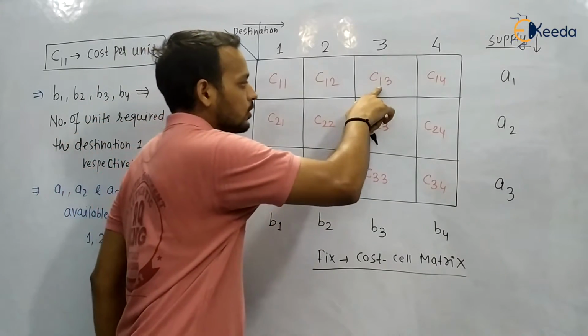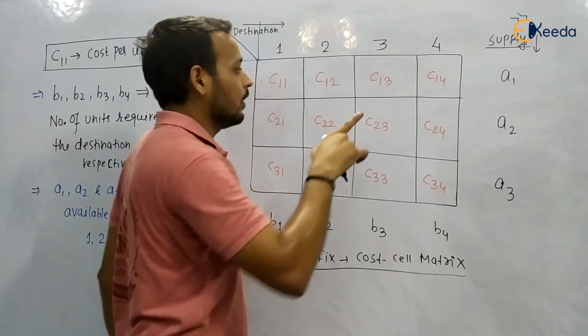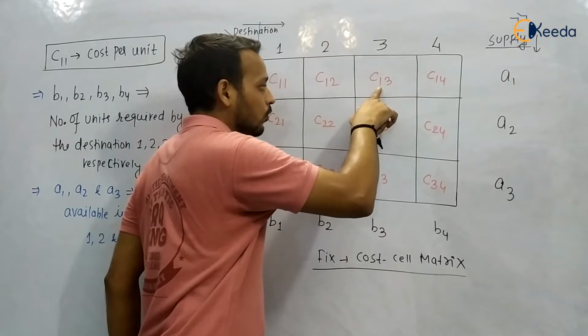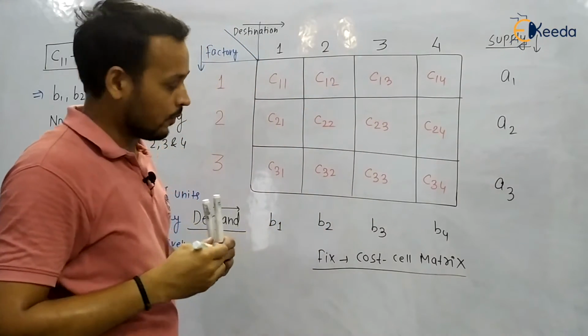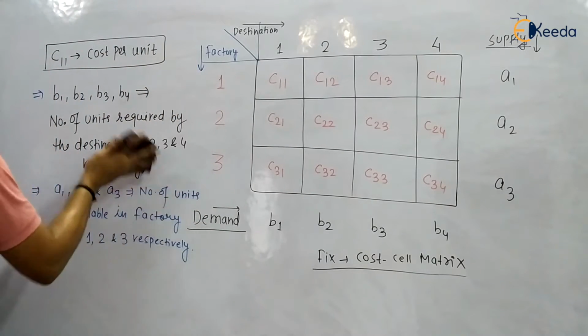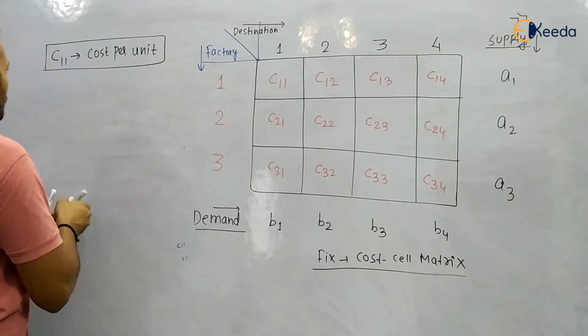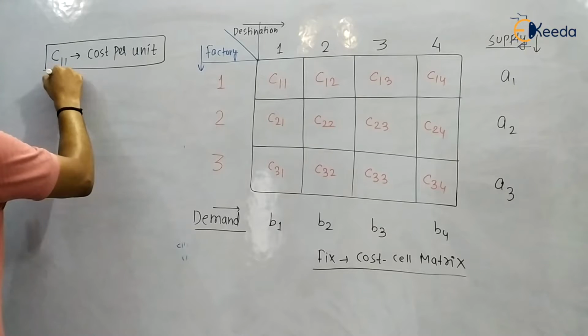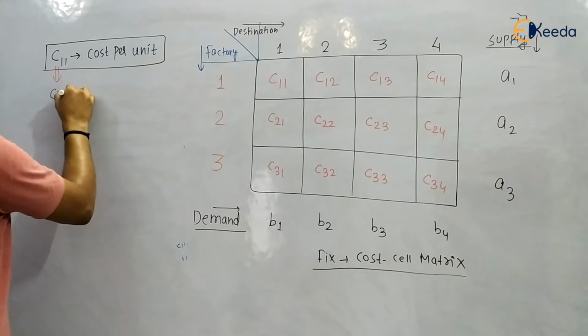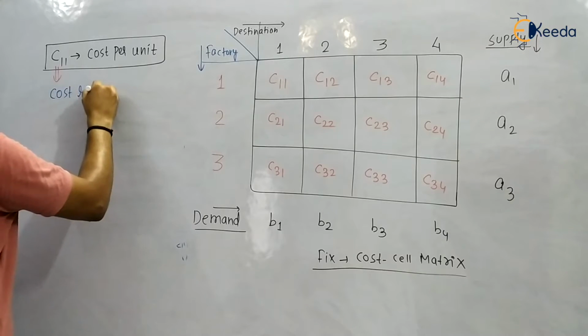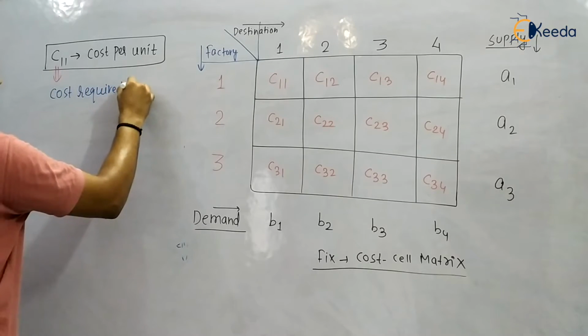Like this, cost required per unit in transporting the units from factory 1 to destination 3. Okay, so you can say that this C11 represents cost required per unit.